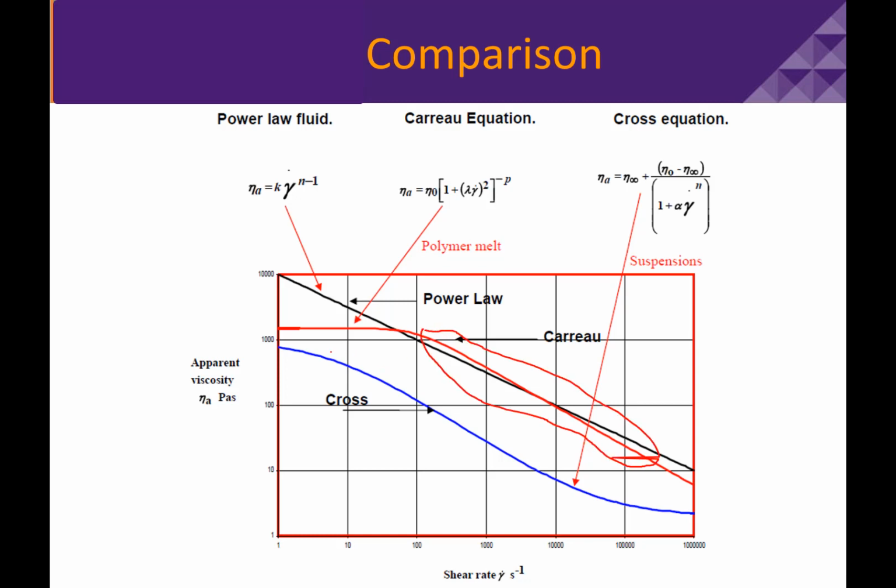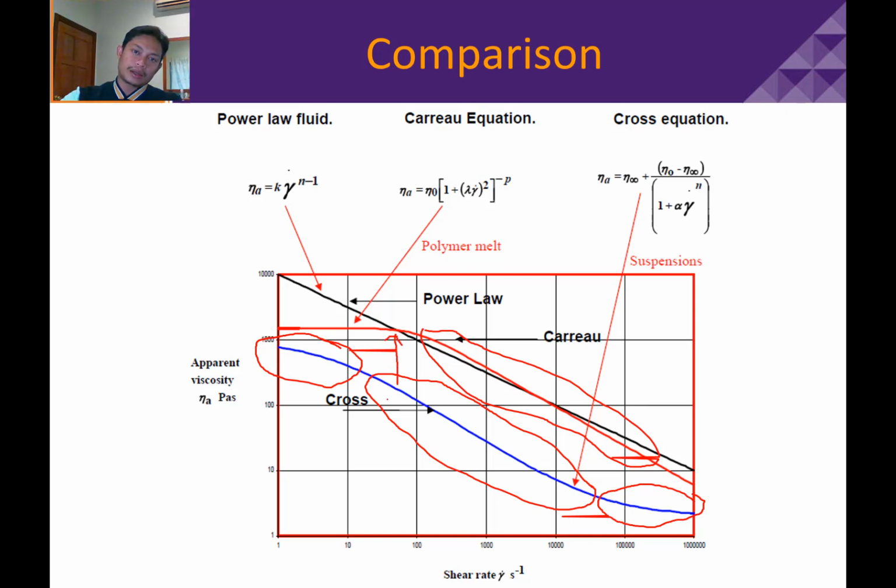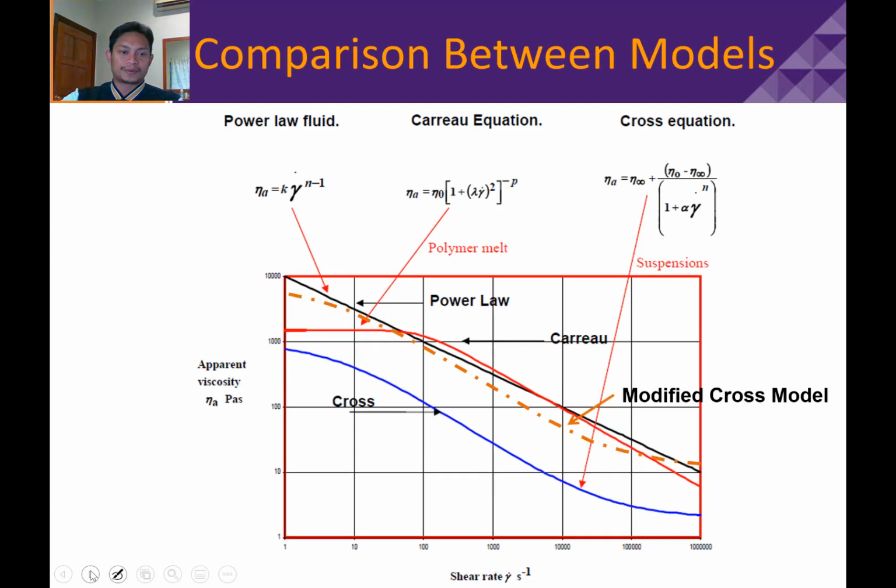The Cross model, or modified Cross model, can represent both the zero shear viscosity and infinite viscosity regions, as well as the pseudoplastic region. But the disadvantage is that the Cross model has some error compared to the power law model; its value is a bit lower.